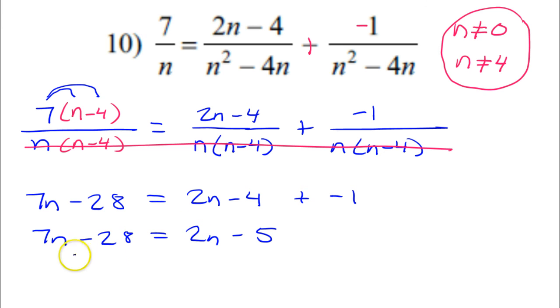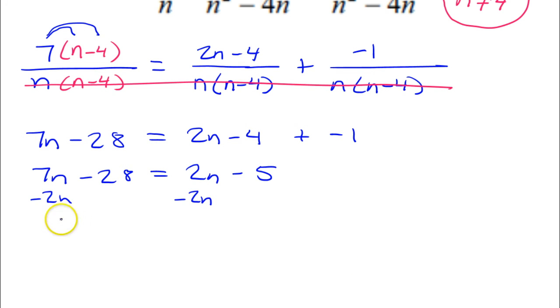I'd like to get these n's together. So I will subtract 2n from both sides. My n's are starting to look like h's again. Anyway, 7n minus 2n, so that'll be 5n minus 28 is equal to negative 5. Let's add 28 to both sides.